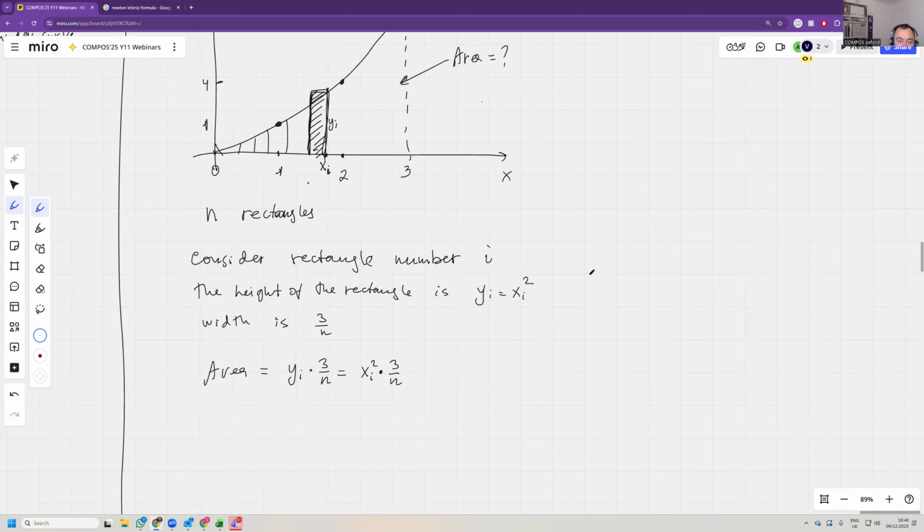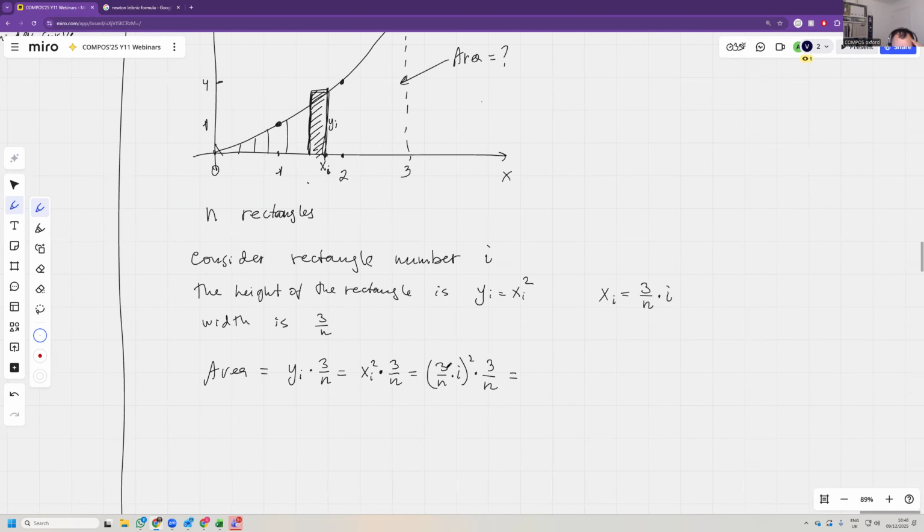But what is xi? Well, i is the number of the rectangle, so you make i steps of 3 over n. So xi is 3 over n multiplied by i. So that's 3 over n multiplied by i, squared, multiplied by 3 over n.